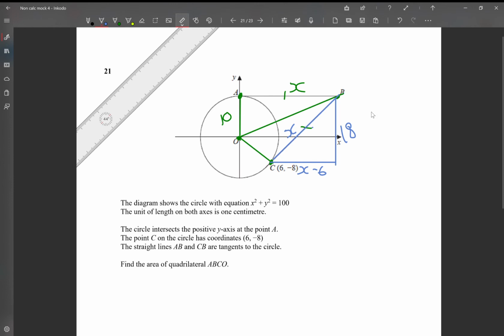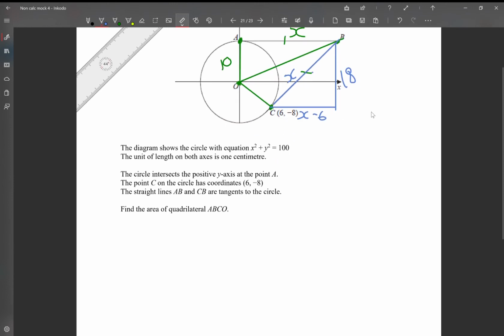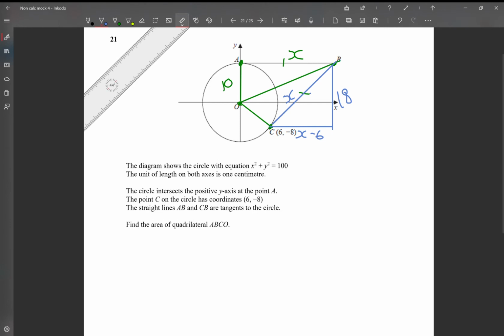So this is this x, concentrating on the blue. We know that x squared equals, because this is the hypotenuse, 18 squared plus x minus 6 all squared.